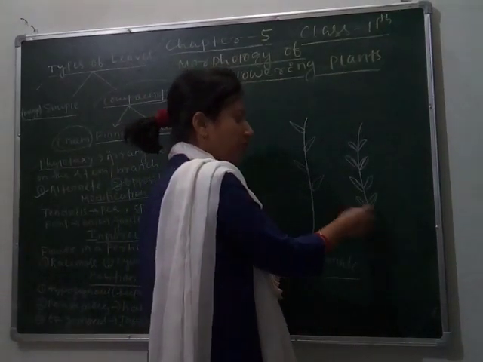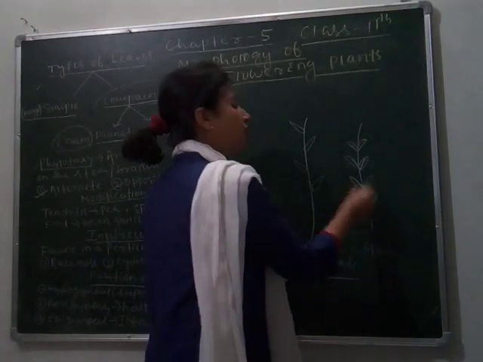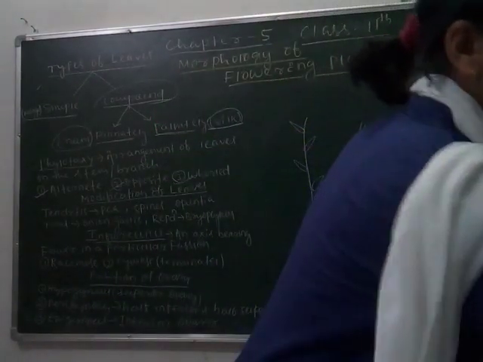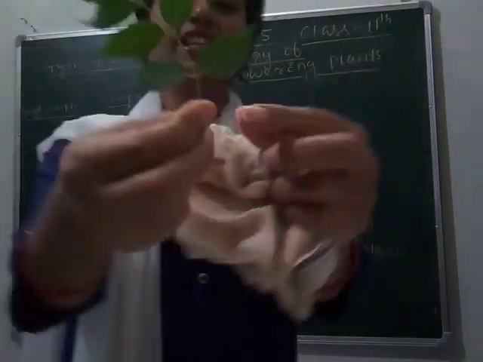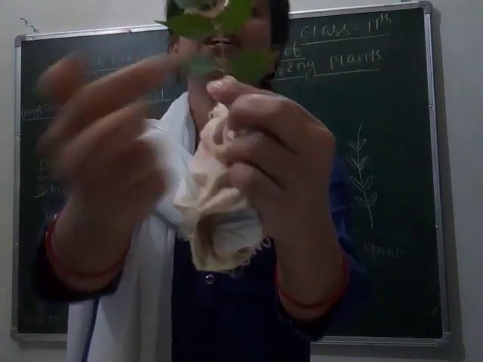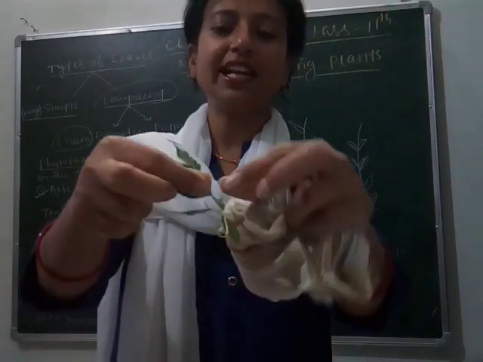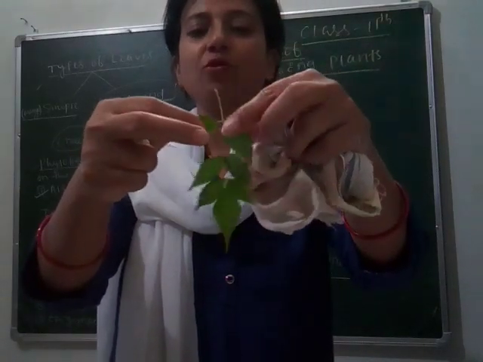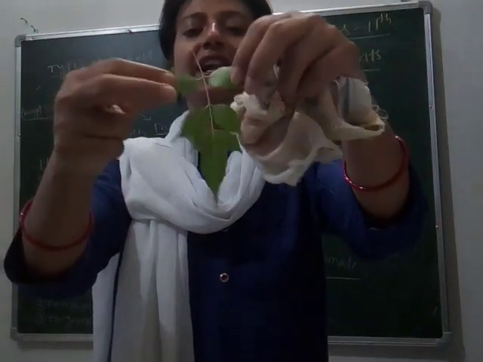But in the case of opposite, two leaves arise like this. You can see, this is a common point and two leaves arise, one here and one here. This type of arrangement of leaves is called opposite, one opposite to another.